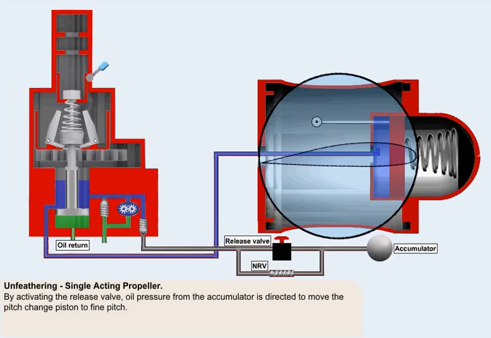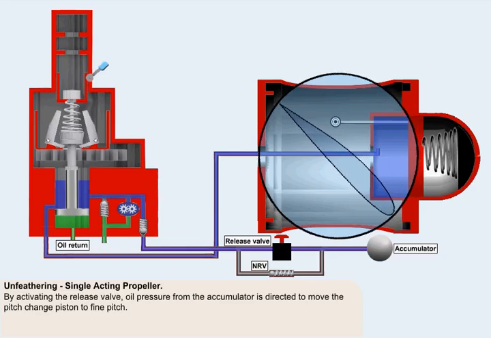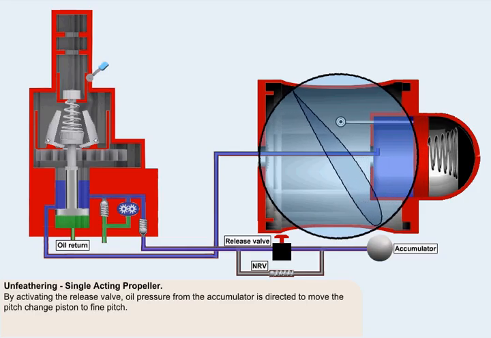A reserve of oil pressure may be supplied by means of an accumulator, which is charged continuously during normal operation. By activating a release valve, oil pressure from the accumulator is directed to move the pitch change piston to fine pitch.